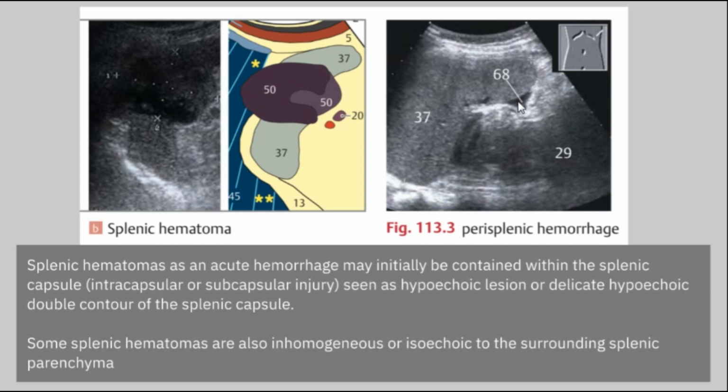Also there is free fluid between the... can we say it's a subcapsular hematoma also, or just free fluid, or we cannot rule it out? Well, I would say this is free fluid. Free fluid, okay.